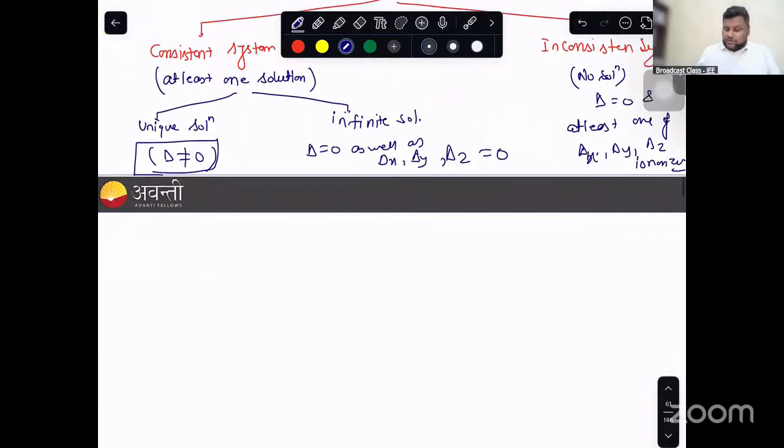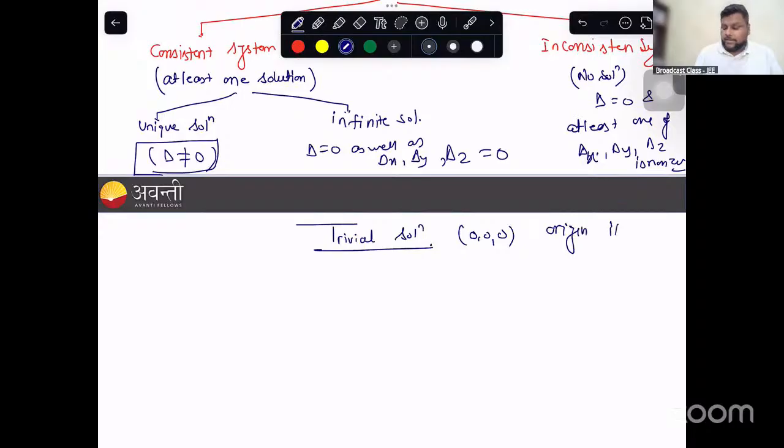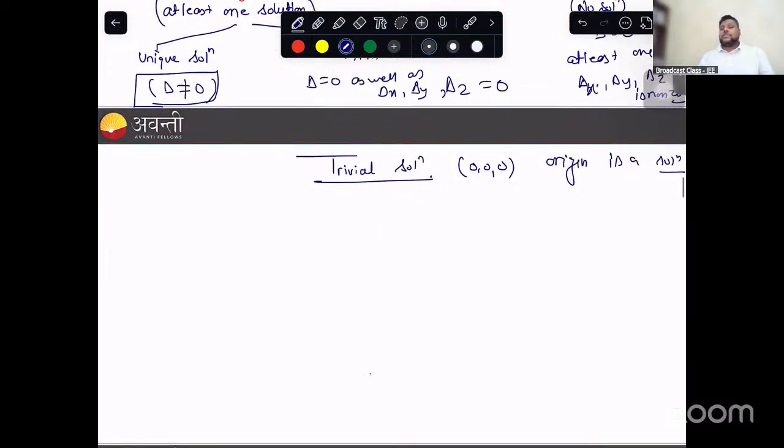Now, one more term we learn here: trivial solution. Trivial solution means 0, 0, 0, meaning origin is a solution. So what is the most common question asked from this?